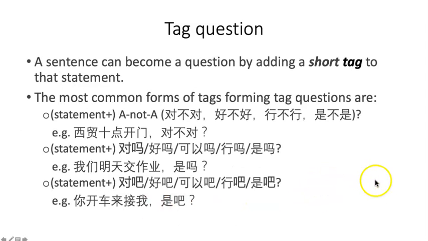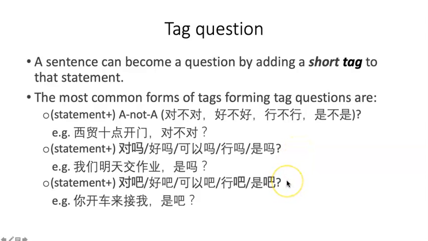The last type of question is tag question. A sentence can become a question by adding a short tag to that statement. The most common forms of tags forming tag questions are A not A at the end, 对不对？好不好？行不行？是不是？ Also, we can see 对吗？好吗？可以吗？行吗？是吗？ ending as 吗 after a statement, functioning as these short tags.